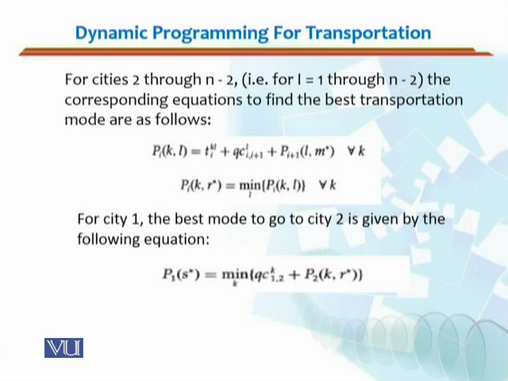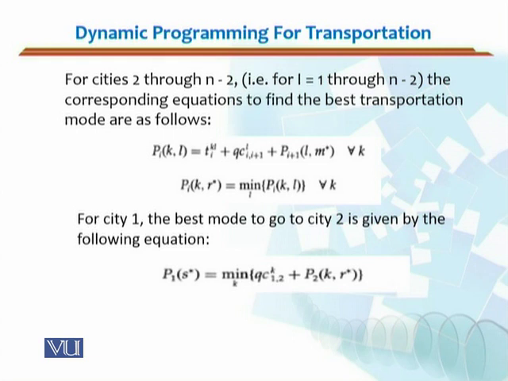PIKL would be equal to the transfer cost, present as before, plus the total transportation cost QC I plus 1 with mode L, plus here additionally what you have is the cost that has been incurred at the later stage.